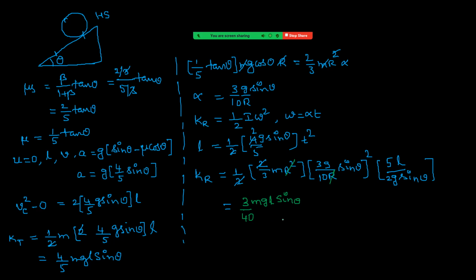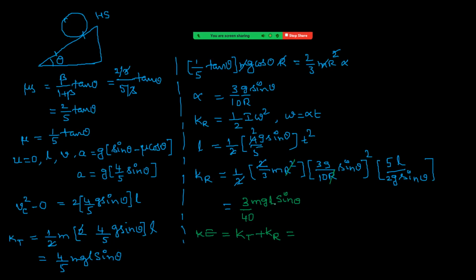Next, now we have to take the sum of these two. Sum of these two means see what happens now. Total kinetic energy is equal to translation plus rotation. So mgL sine theta, mgL sine theta.